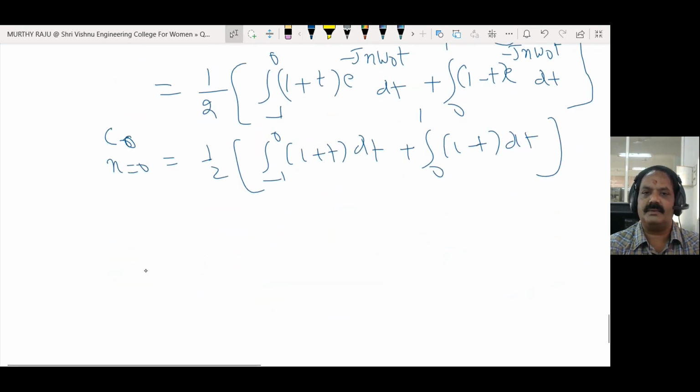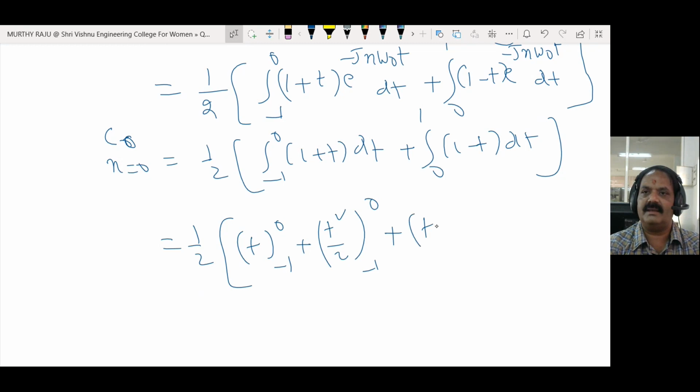That is equal to 1 by 2. Integral of 1 dt is t from minus 1 to 0. Integral of t is t square by 2. Integral of 1 dt is t from 0 to 1, minus t square by 2 from 0 to 1.